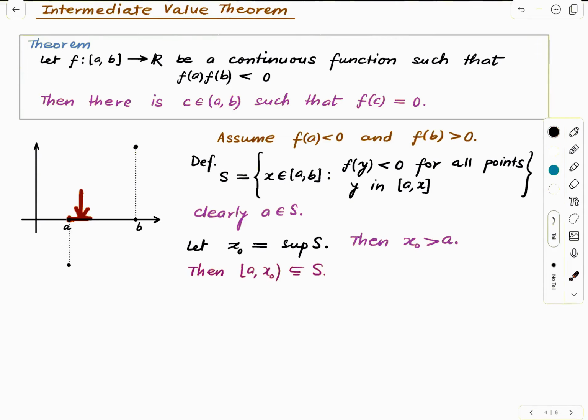So all of these points are in the set S, and therefore if you take the supremum of S, you will get something strictly greater than a.